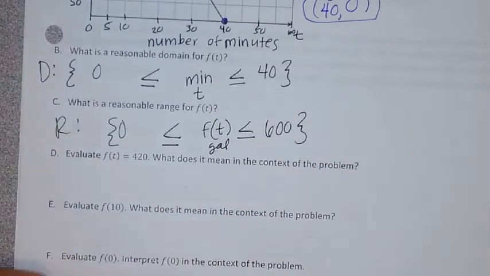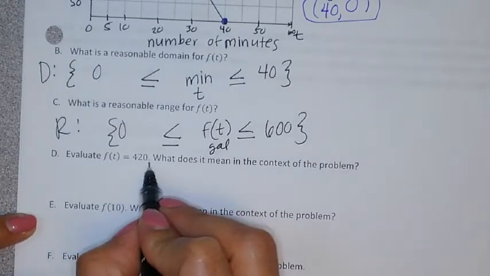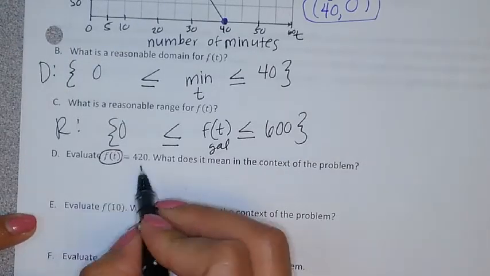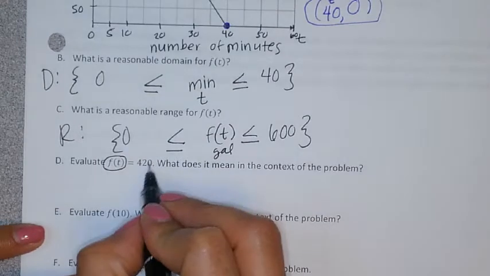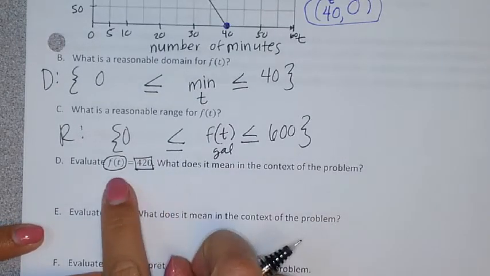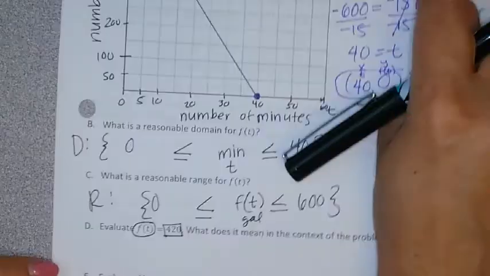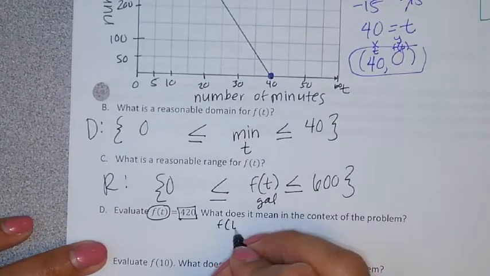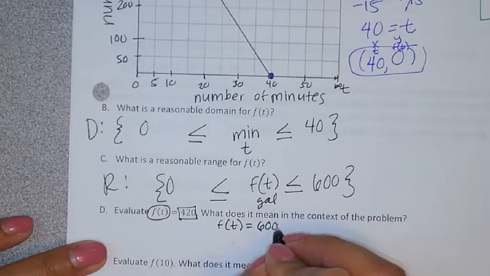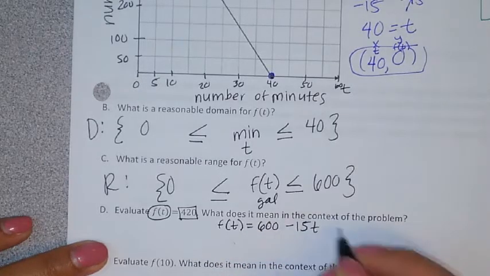Now I have to evaluate f of t for 420. So what is the value of t when I have 420 as f of t? So I copy my equation that they gave me at the beginning. So f of t equals 600 minus 15t.